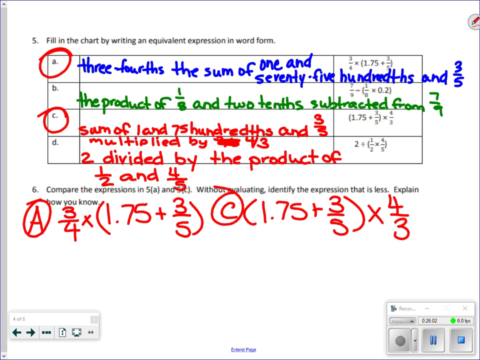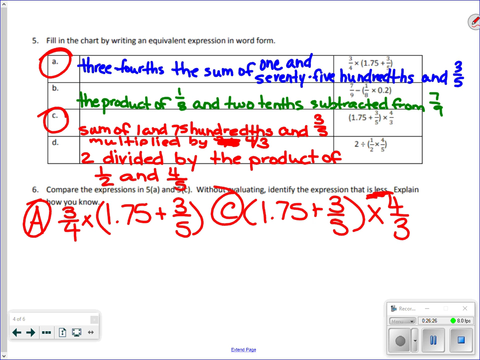Kelsey. Which one? It's less. Which one is less?